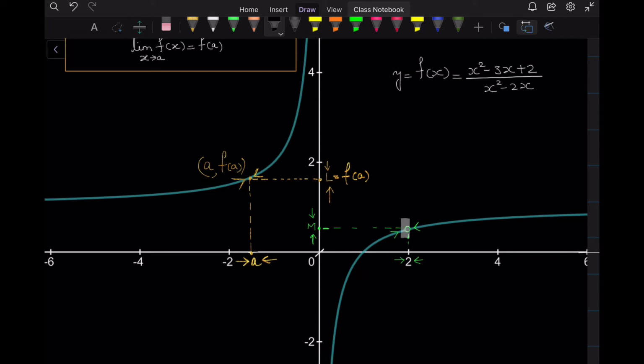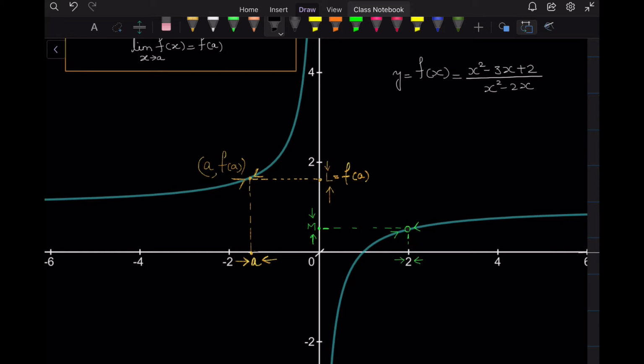The graph is broken at x equal to 2, and also we don't see any value of this function corresponding to x equal to 0. So this function is not defined at x equal to 0 as well. The graph is broken at x equal to 0, but the way it is broken at x equal to 0 is different from the way it is broken at x equal to 2. So we will discuss these two cases separately.